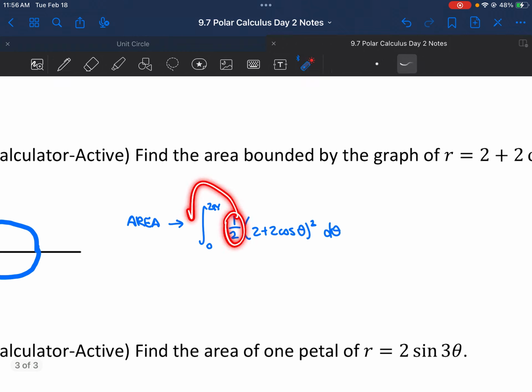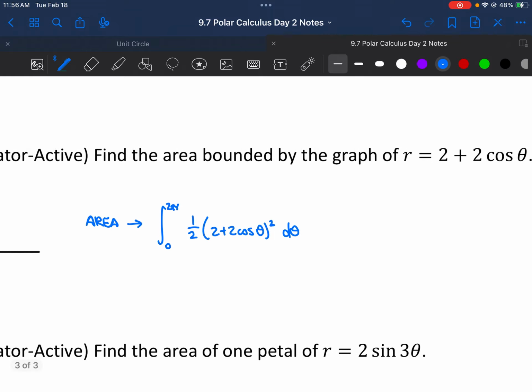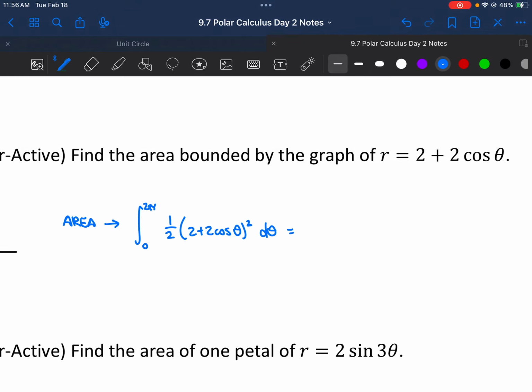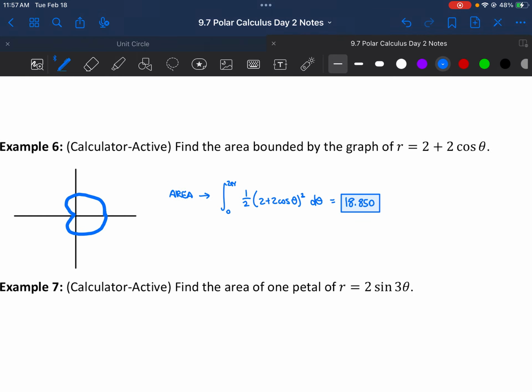Now you have the option to pull the 1/2 outside if you want to. It's calculator active anyway. Go ahead and throw this into the calculator and make sure that you get the answer that I have. I encourage you to pause it, try it on your own, make sure you get 18.850.